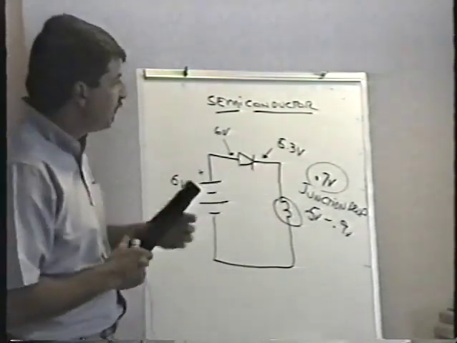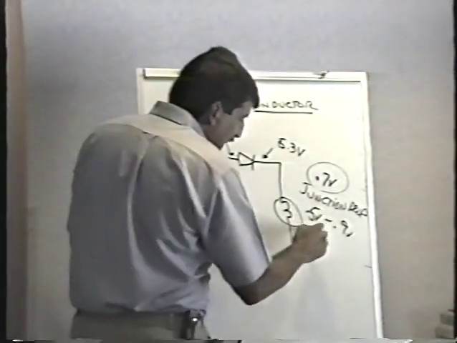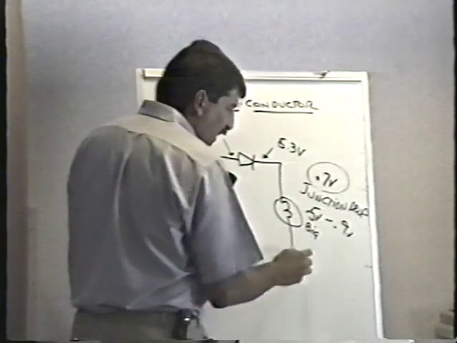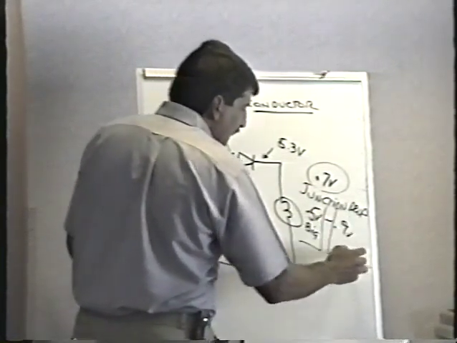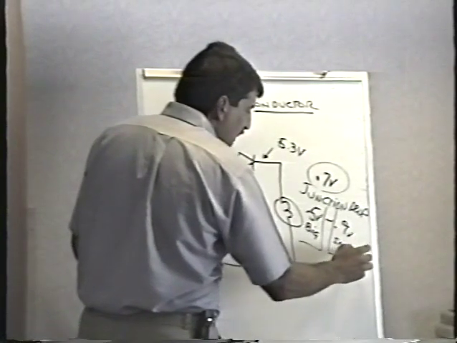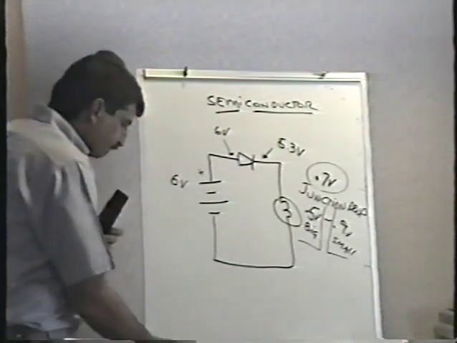But it'll be somewhere between 0.5 and 0.9, depending on the size of the part. A bigger part, physically a larger part, will have a lower junction drop than a smaller part. The smaller the part is, the higher that junction drop will be.